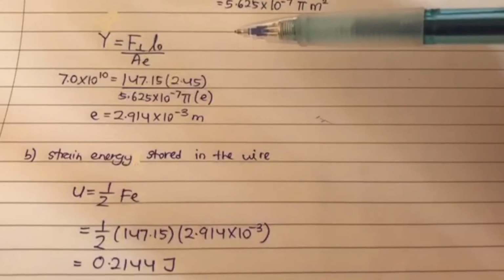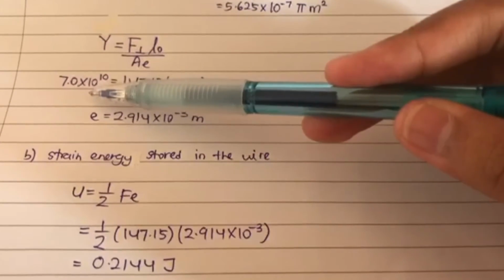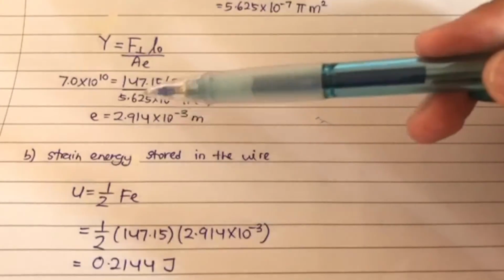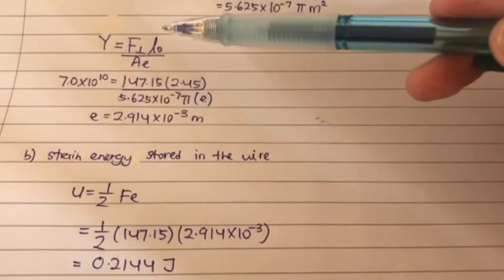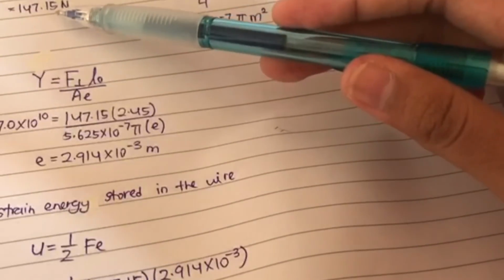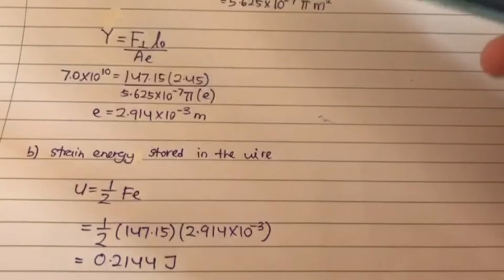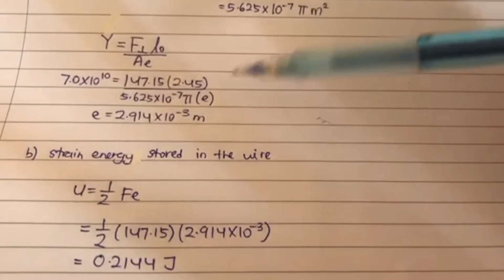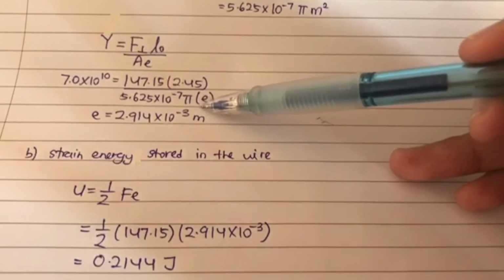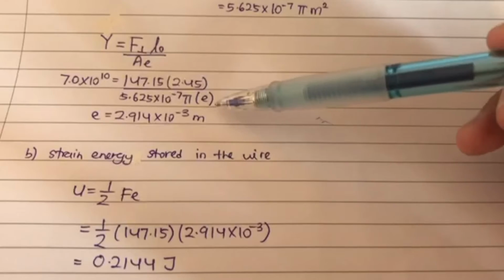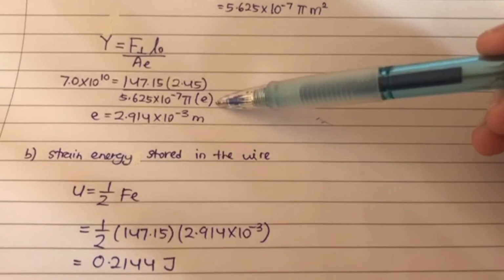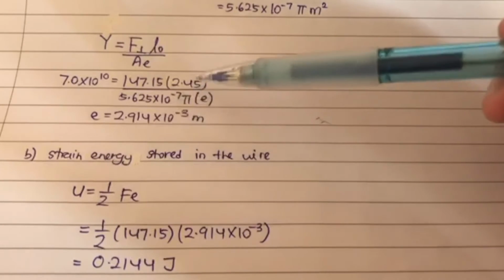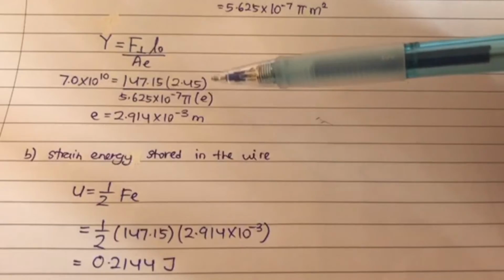So we put the Young's modulus of the aluminium, which is 7.0 times 10 power of 10, equals to the, we insert the value of F we got initially from the calculation, and then we times by L naught over area we got here, and then we need to times by extension, which we need to find the value, and then we solve and we got the extension of the wire is 2.914 times 10 power of -3 meter.